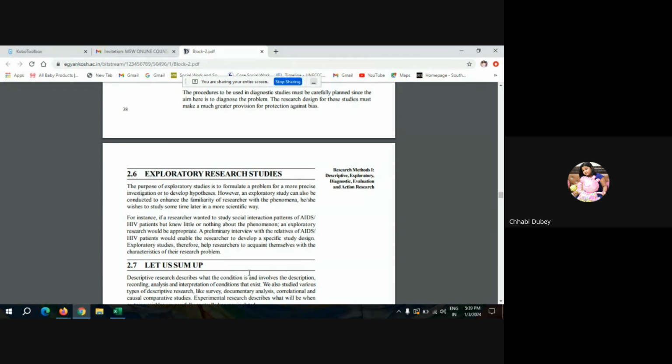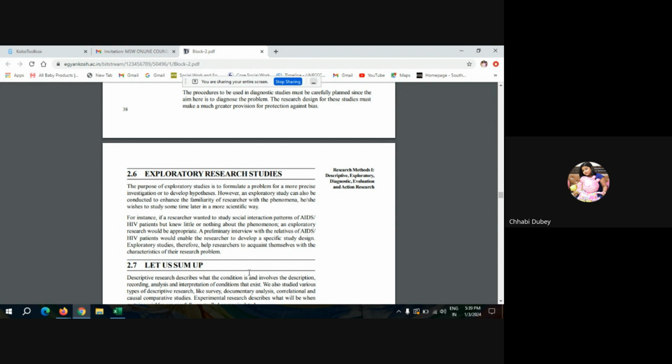For example, if we want to study the social interaction patterns of HIV/AIDS patients, but we know nothing about the phenomena, exploratory research would be appropriate. A preliminary interview with the relatives of HIV/AIDS patients would enable the researcher to develop a specific study design.